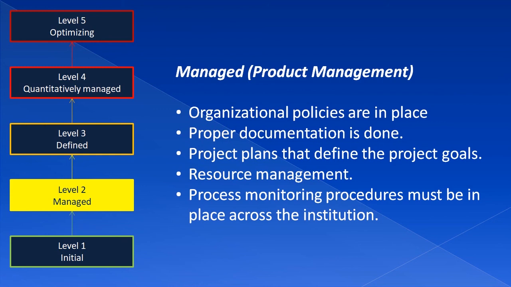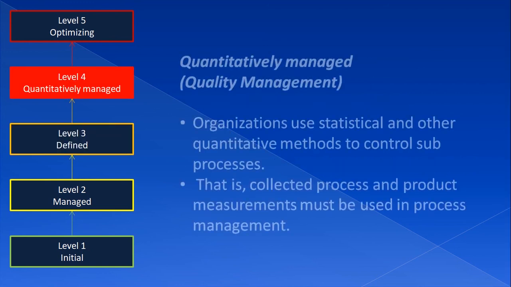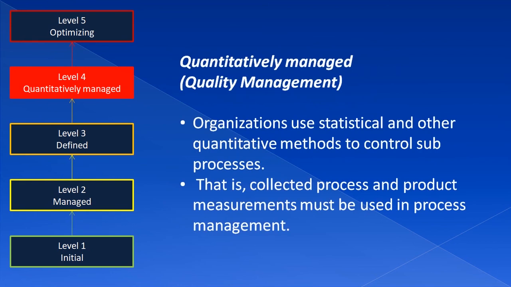Level 3 is process management, the defined student. That means the student has his standards and his discipline. He knows how to behave, and wherever he goes, he behaves according to his standards. A level 4 student, the quantitatively managed student, goes according to his plans.